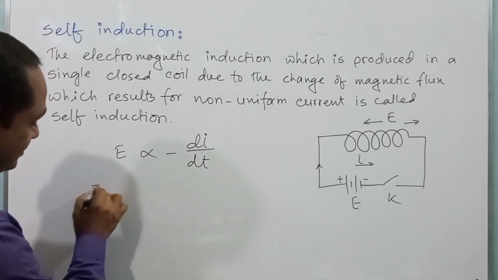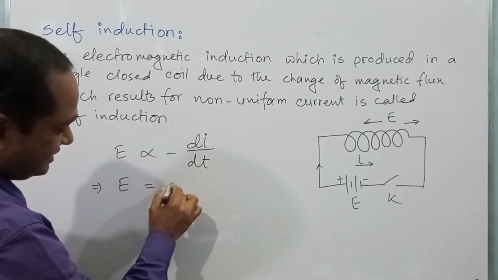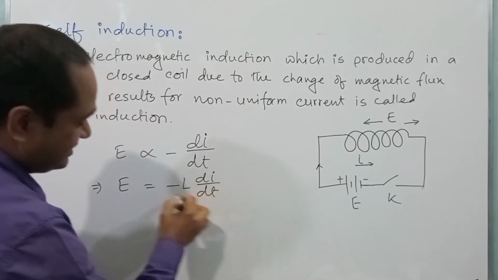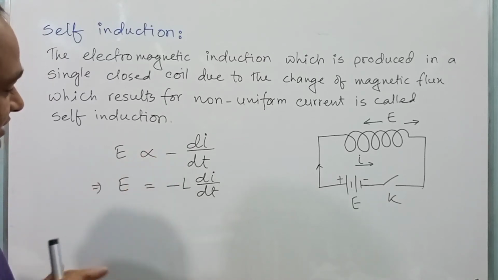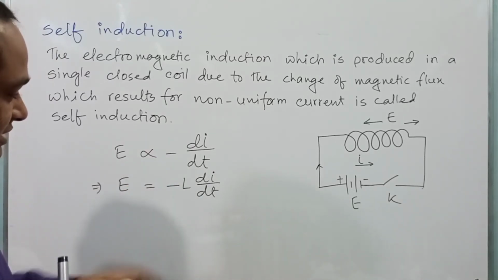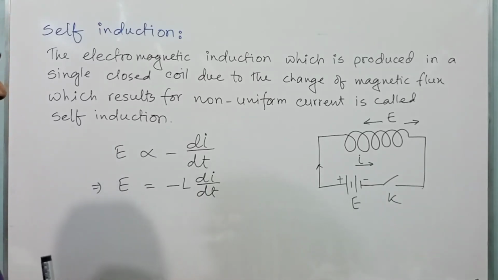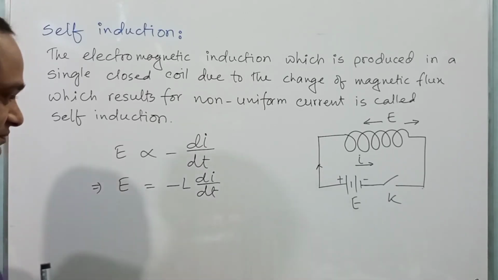Dear student, from the expression we can write E is equal to minus L di by dt. Here L is a constant of proportionality. By replacing the proportional sign, we can introduce it. This L is called the constant of self-induction or self-inductance, right.